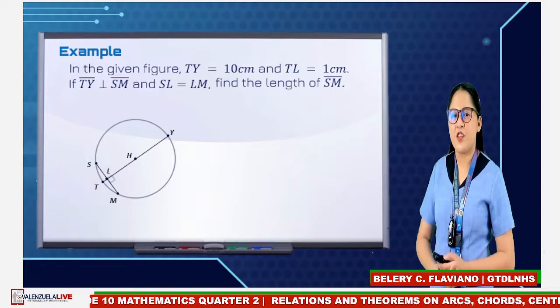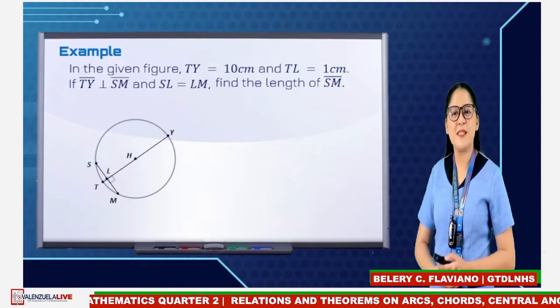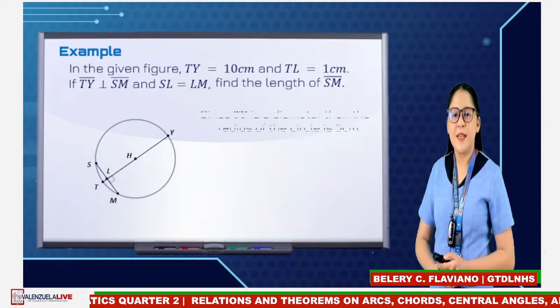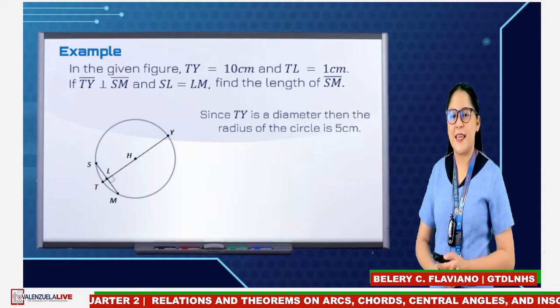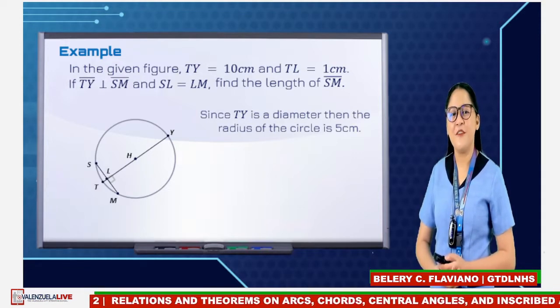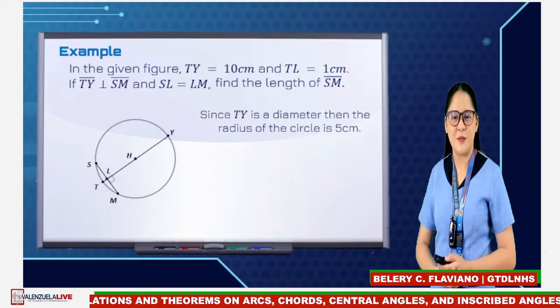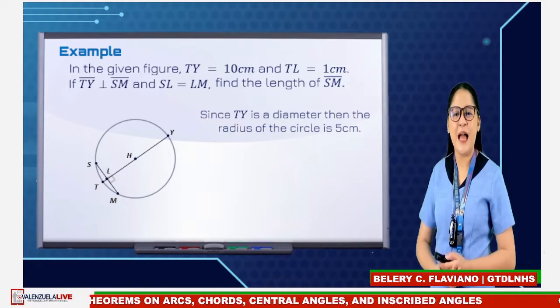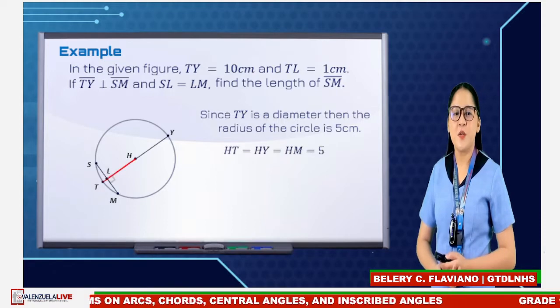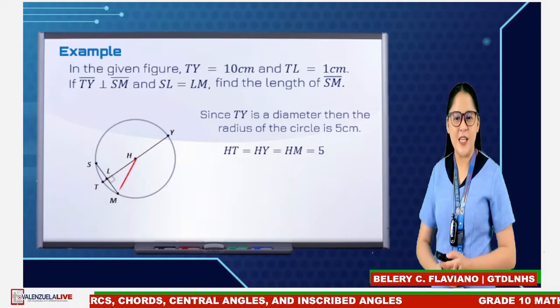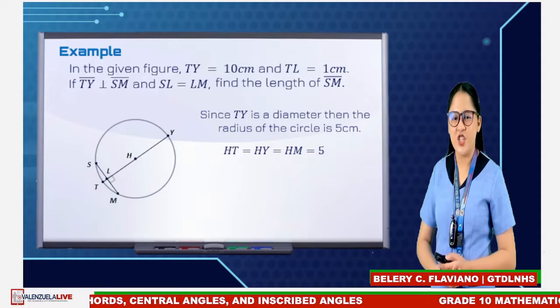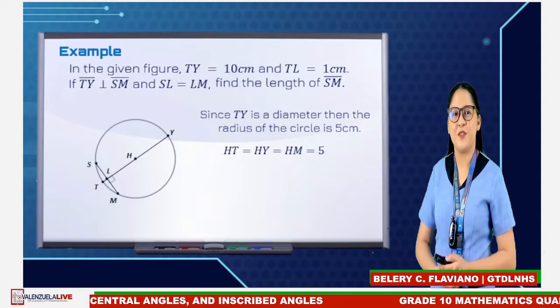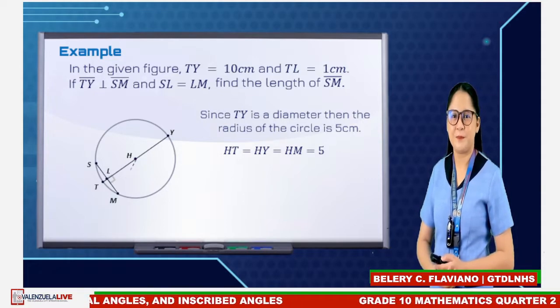Remember that the length of a diameter is 2 times the length of a radius. Since TY is a diameter, then the radius of the circle is 5 centimeters. Remember that all radii in a circle have the same measure. So the measures of HT, HY, and HM are all equal to 5 centimeters.